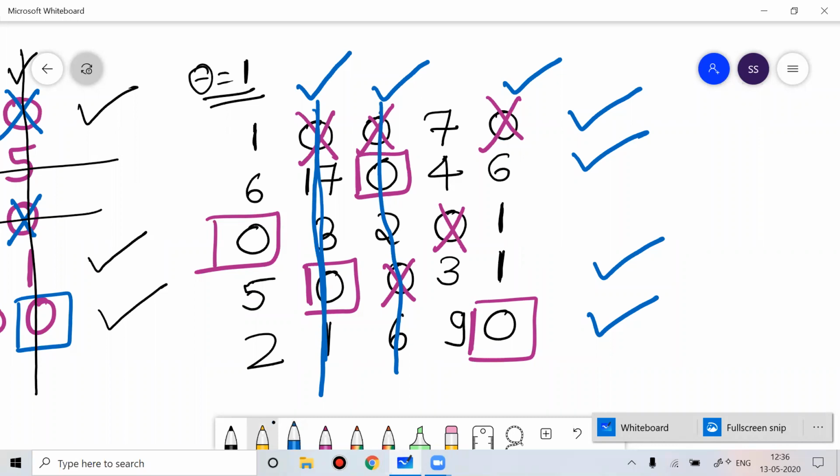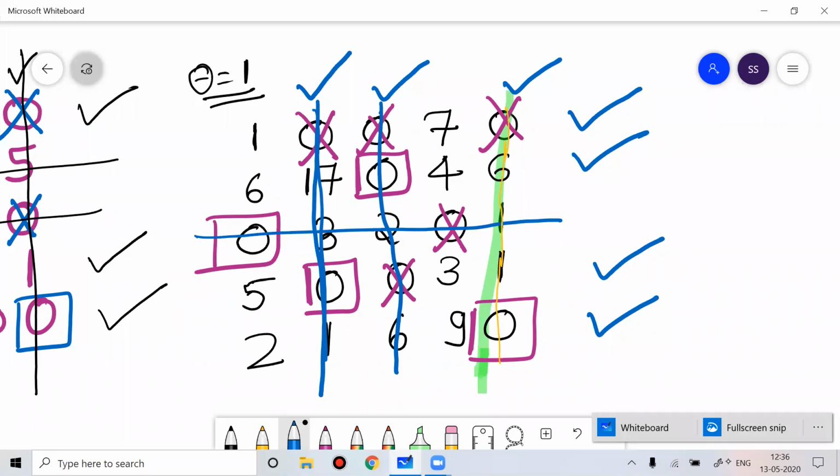Now draw a line over a ticked column, and now draw a line over the ticked column and unticked row.